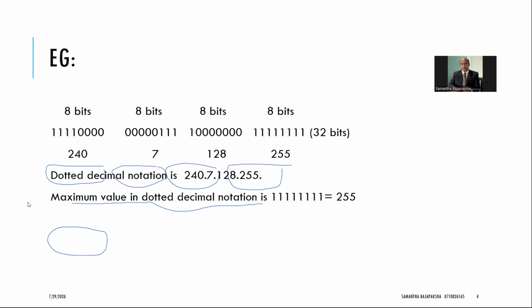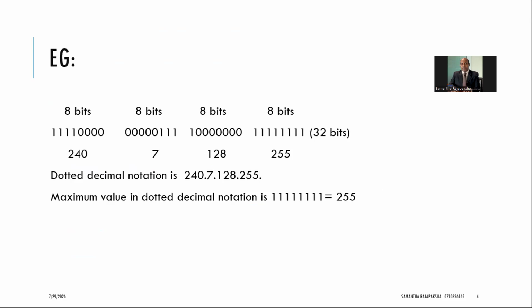So in an IP address, if you are given this example, you can convert the 32 bits into 4 groups, each one 8 bits, and you can convert each to decimal, like in this example, and then you will get the corresponding IP address.